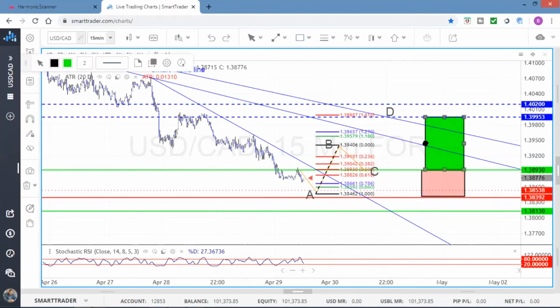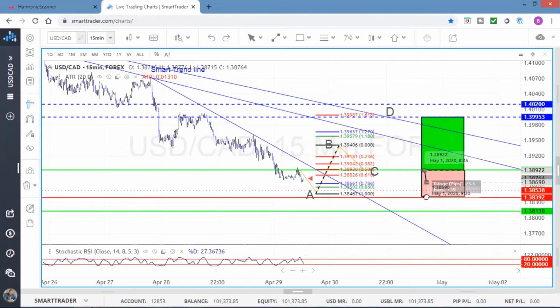So now I am risking, if I enter here, I'm risking 52 pips, right, to make 103 pips. So we're looking at a 2-to-1 risk to reward in this hypothetical example.